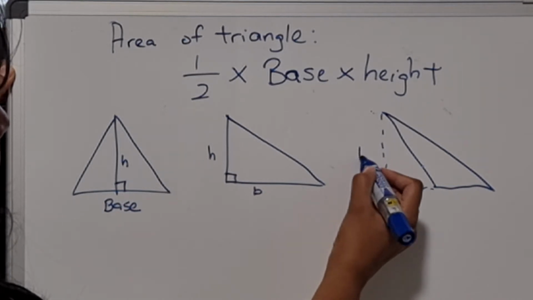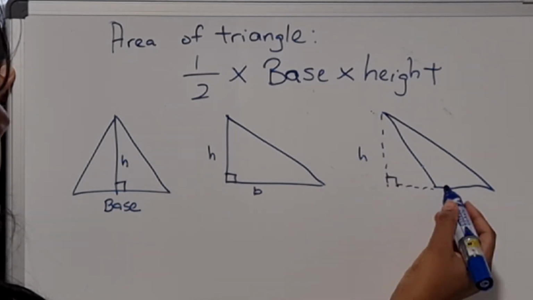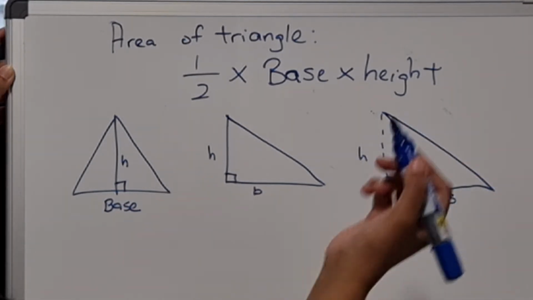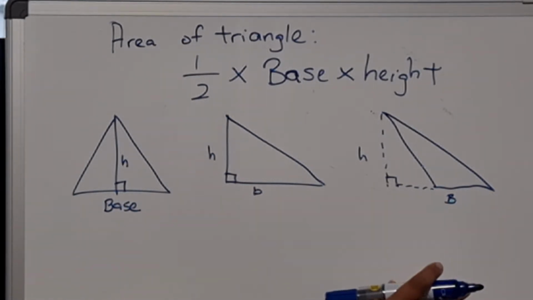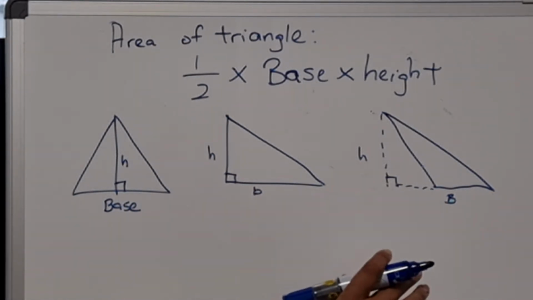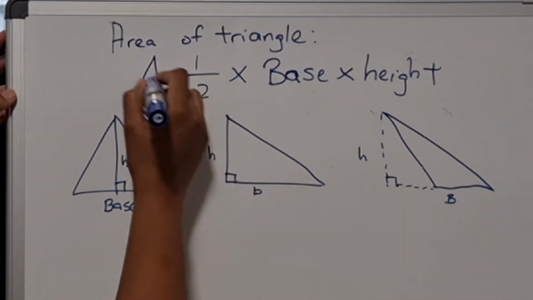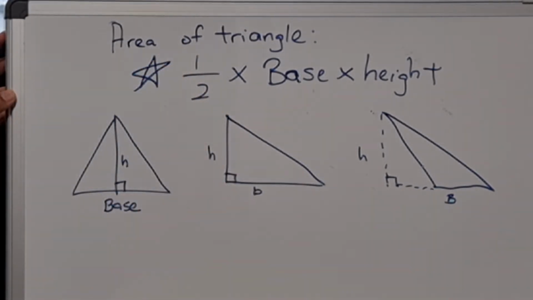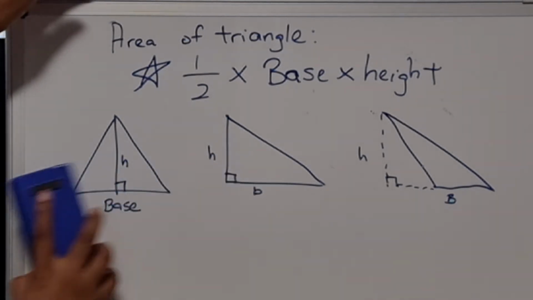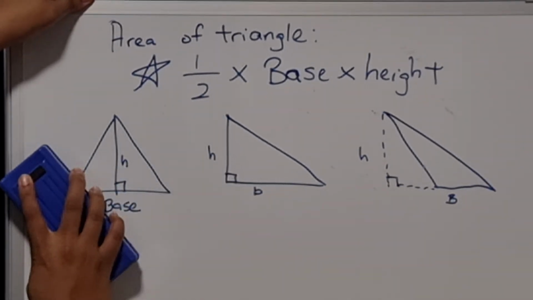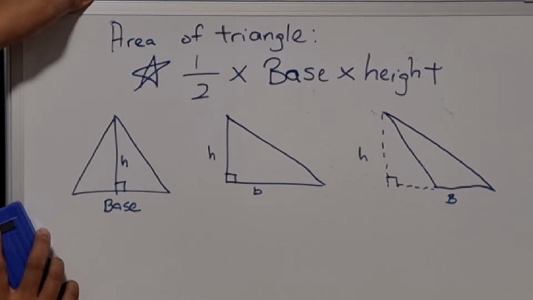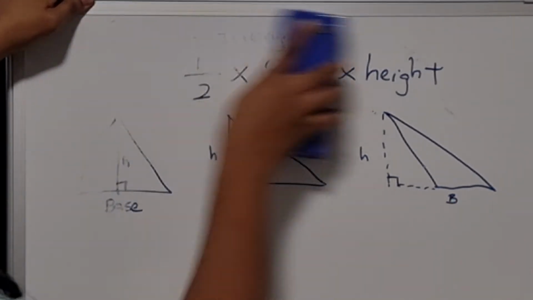Okay, so this is your height, this is your base. So area of a triangle is half times base times height. This one must remember. Okay, now we look at some examples where we find the area of a triangle.